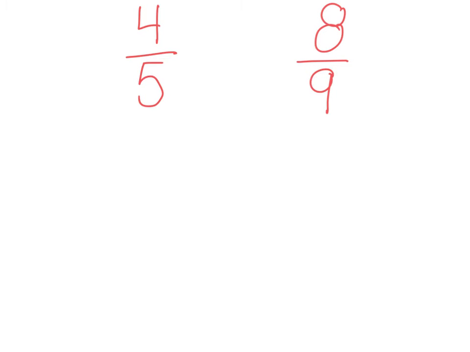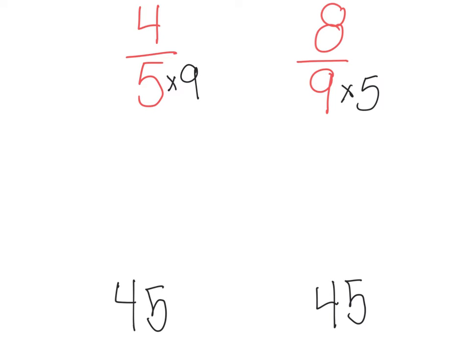Last one. Okay, I'm going to multiply by the opposite denominator. So 5 and 9, so 5 times 9, and then 9 times 5. That gives us a common denominator of 45. And now I go back and adjust my numerator.